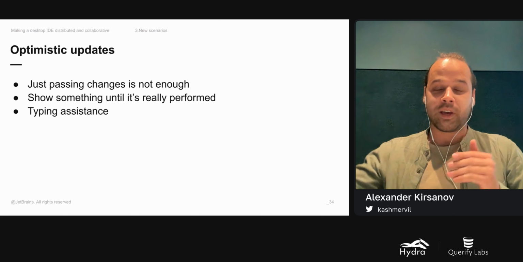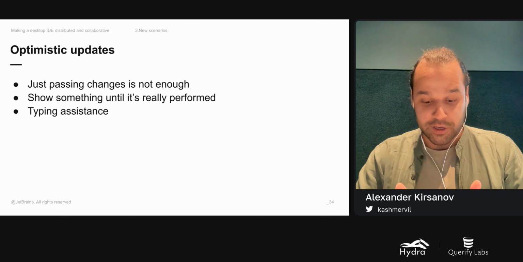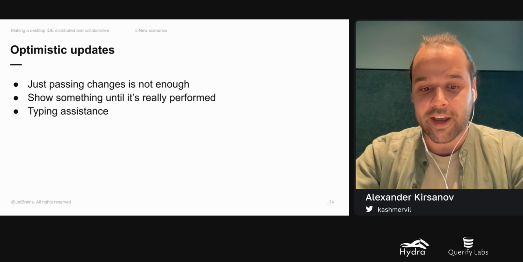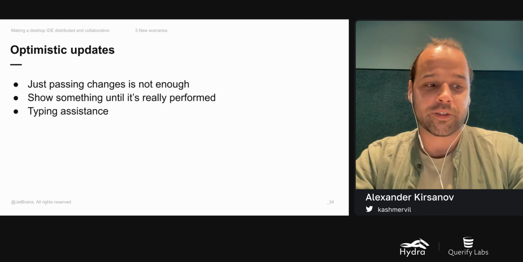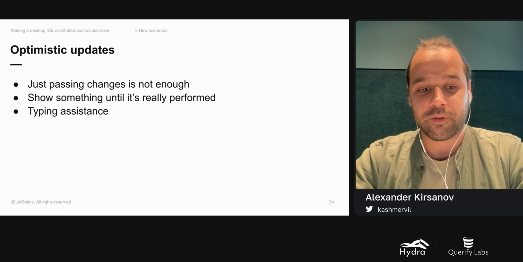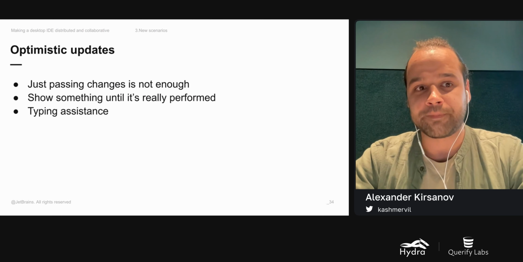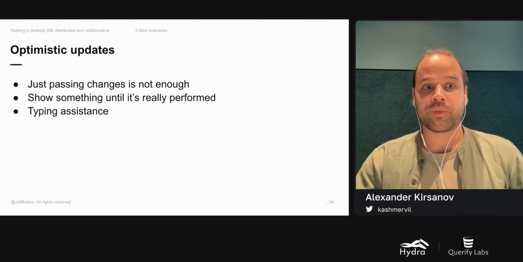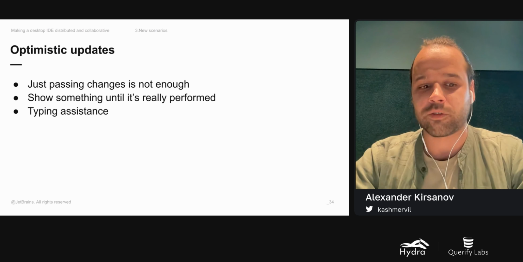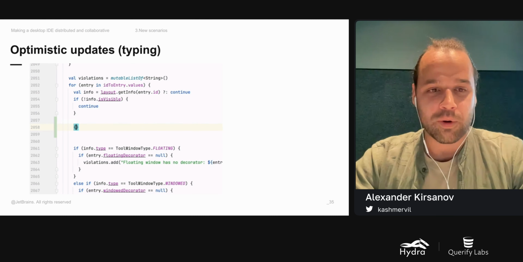Not the moment it was accepted on the server and then confirmed. That affects the latency, and that's one of the problems we want to beat, because people are tired of the typing latency in remote desktop solutions. So we need to come up with some scheme where we are able to perform optimistic updates, even though they're not correct. How do we do that?